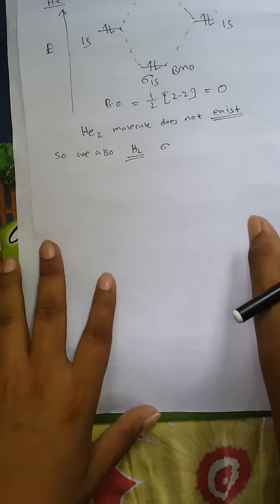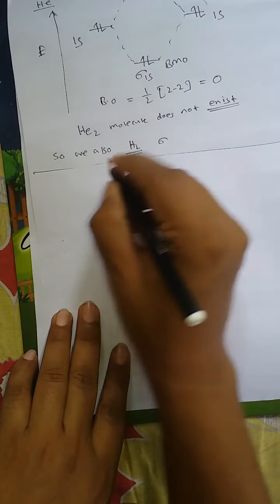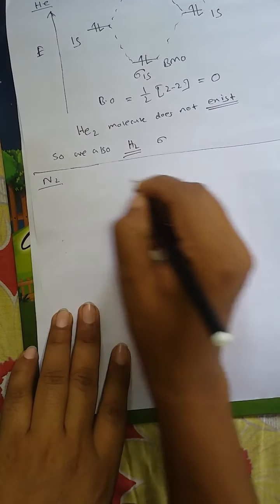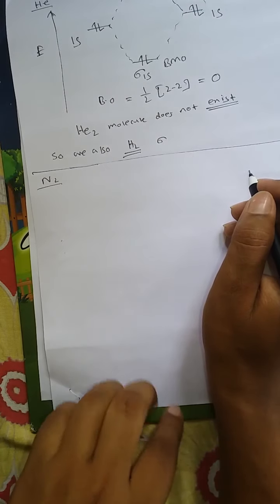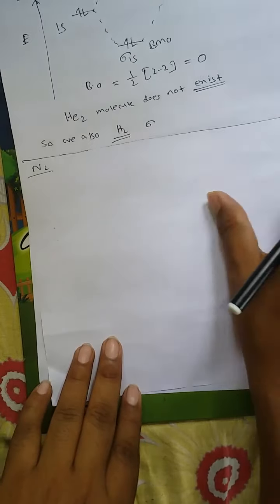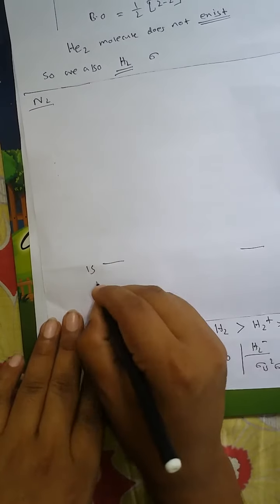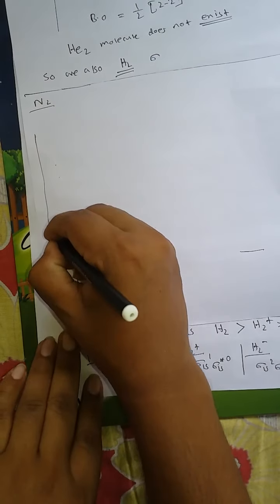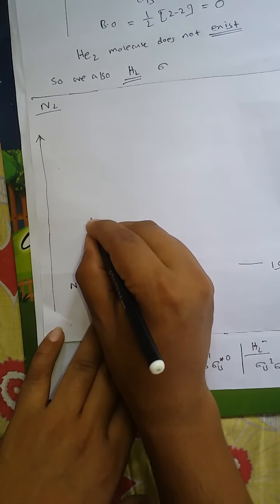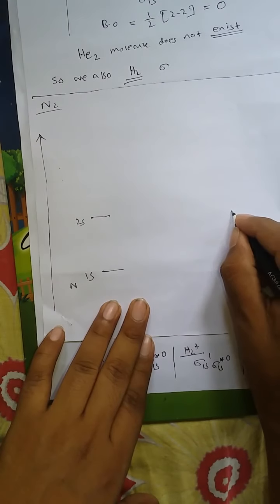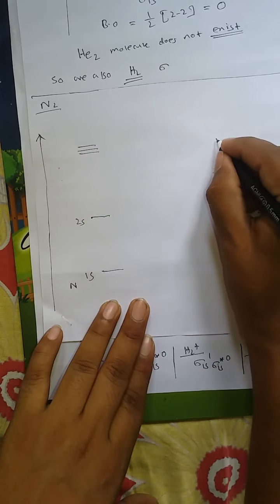Let's see the molecular orbitals of the nitrogen molecule. For the N2 molecule, the 2p orbital is present. This is the energy diagram: 1s orbital, 2s orbital, and 2p orbital.